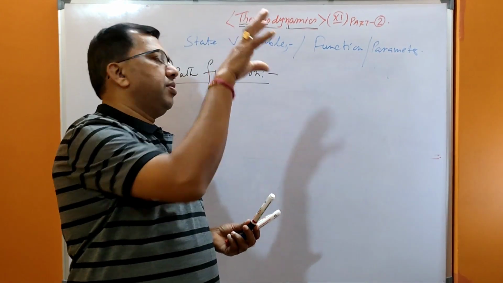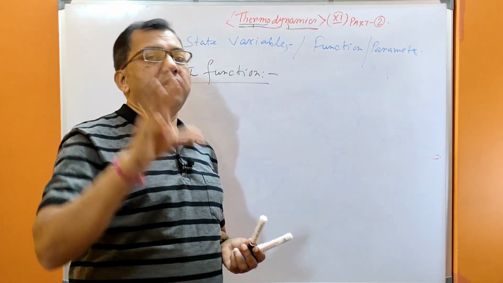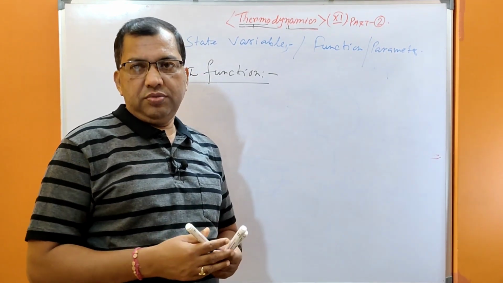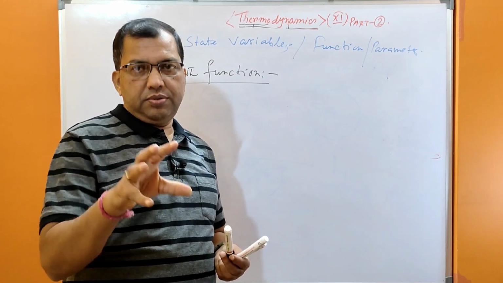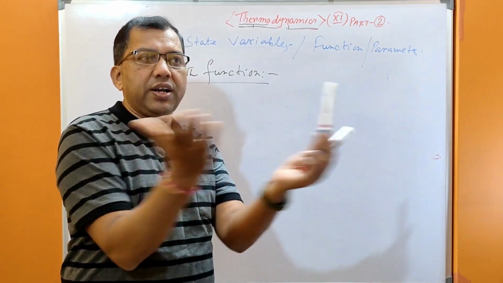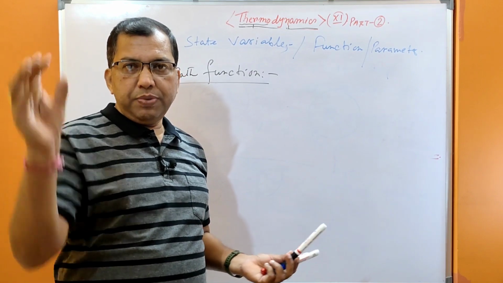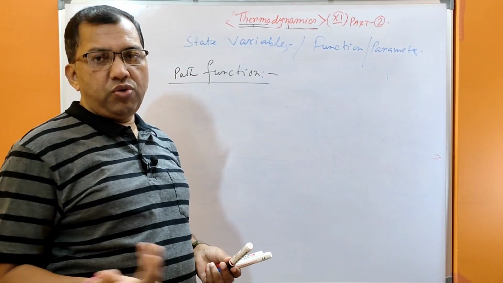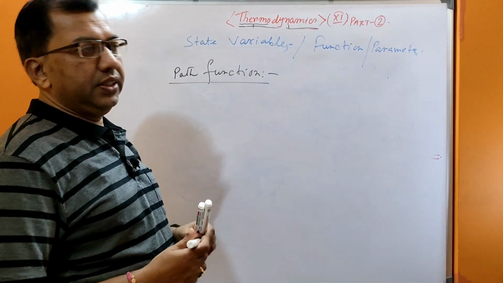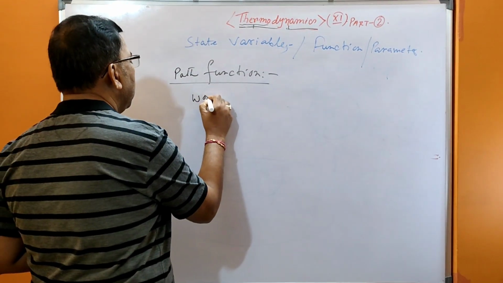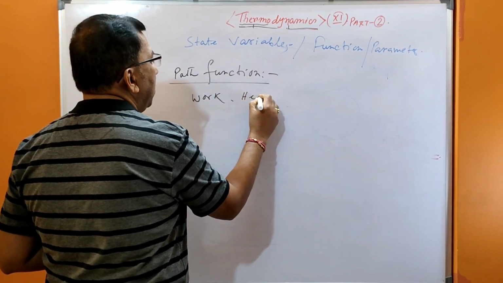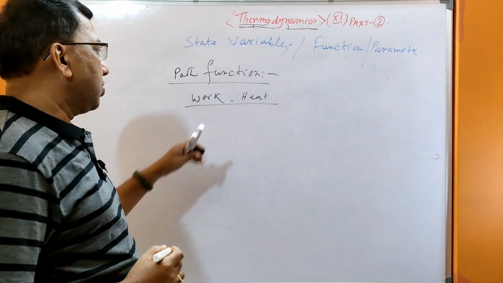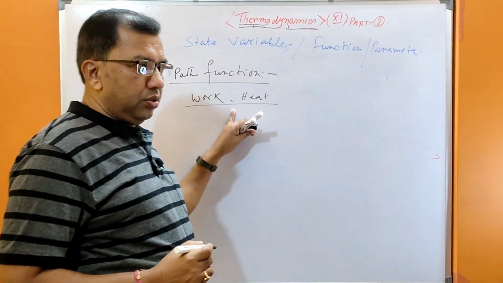The function that depends upon the path taken to reach a specific value. Work and heat are the only two very important ones, that is heat transfer. They depend upon the path. Work and heat are path functions. They are not state functions. They do not depend upon the state.